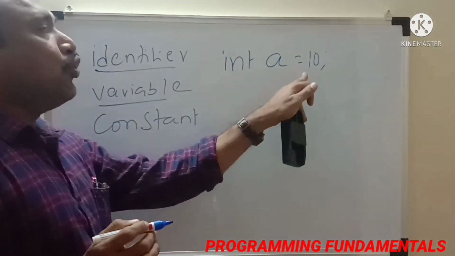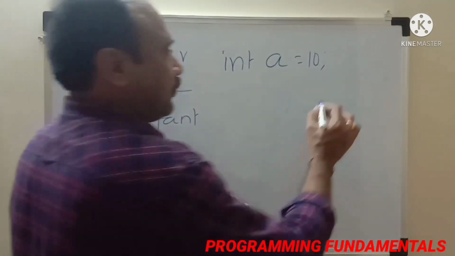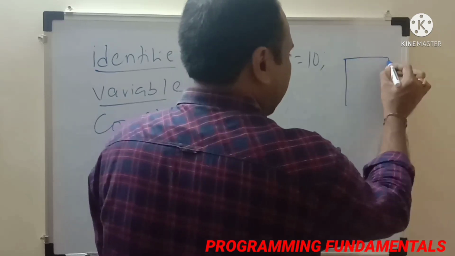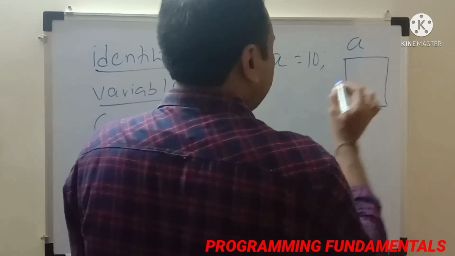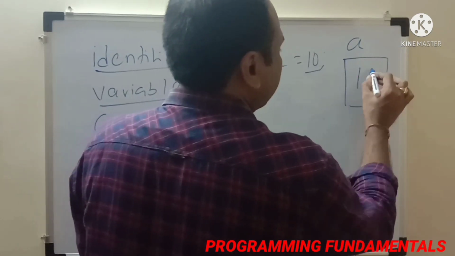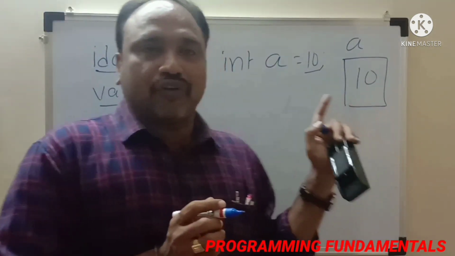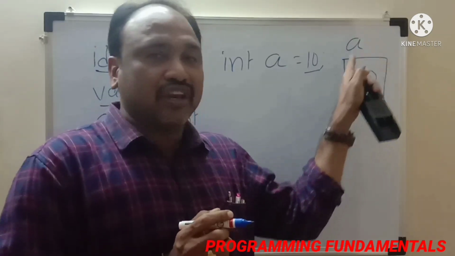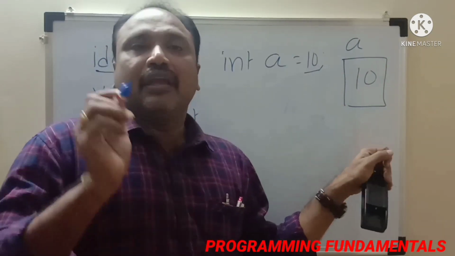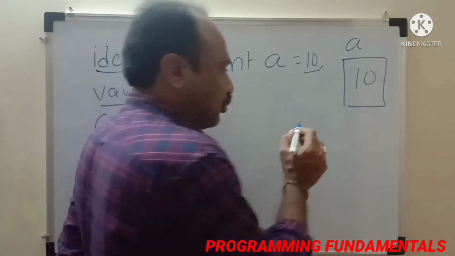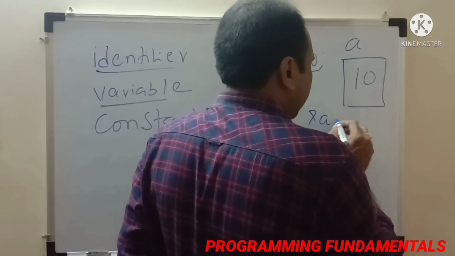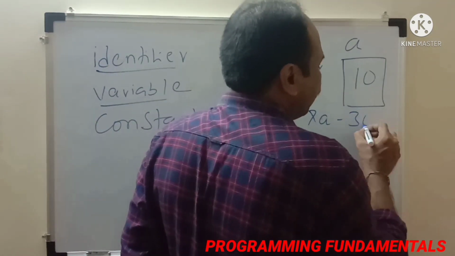See, if we use one variable in the program, in your computer memory, the variable name is a, and the value of a is 10. When you use variables, they are stored like this in our computer memory. Every variable also has some address. Address of a is, for example, 3050, I am taking.